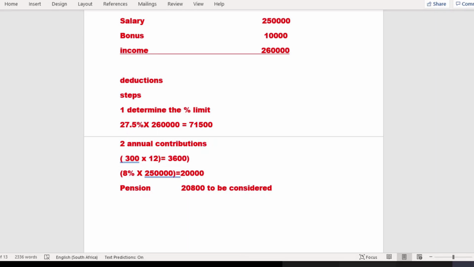And let's have a look at the disclosure part. You'd say it will be limited to, remember, 350,000 Rand. That's the standard one.